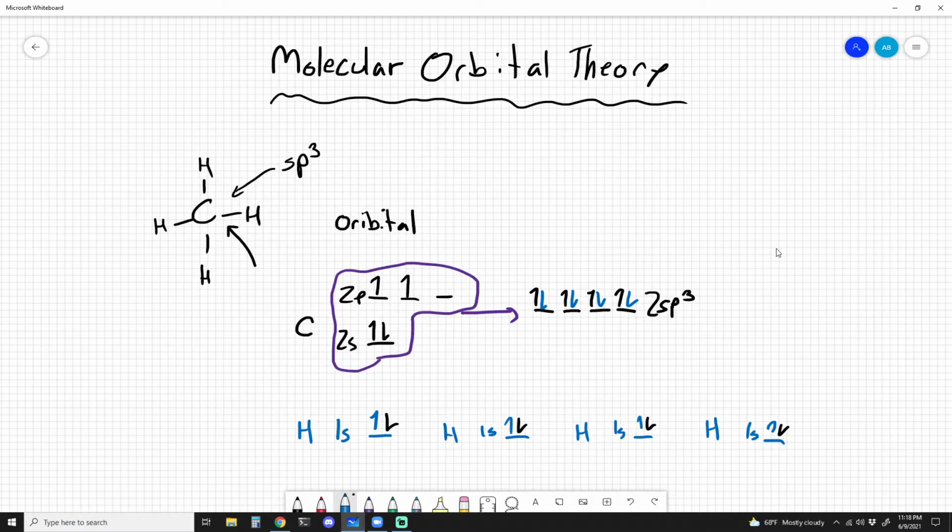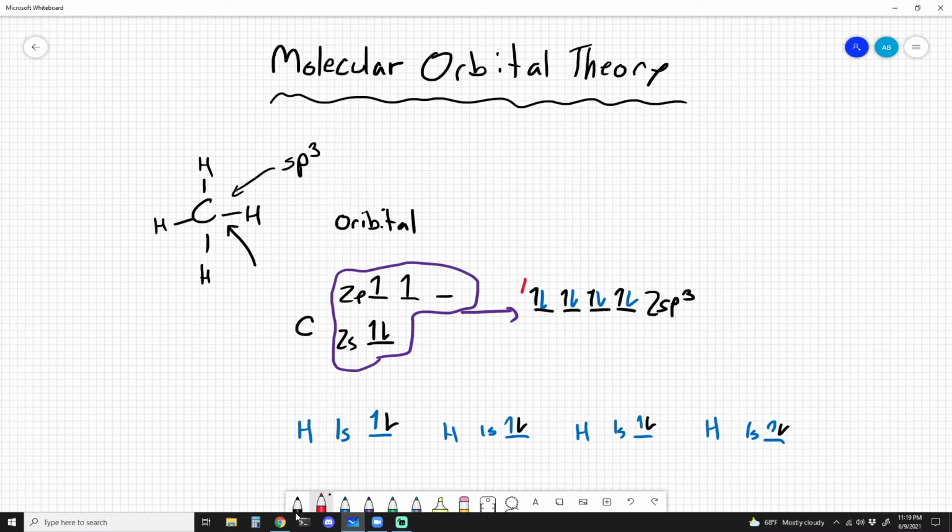And that leads us to molecular orbital theory, which is, in a sense, a way to describe what is actually happening in this covalent bond where these electrons are being shared. The truth is it's not quite as simple as just the 1s and the sp3 orbital sharing those electrons. The truth is actually much more complicated.